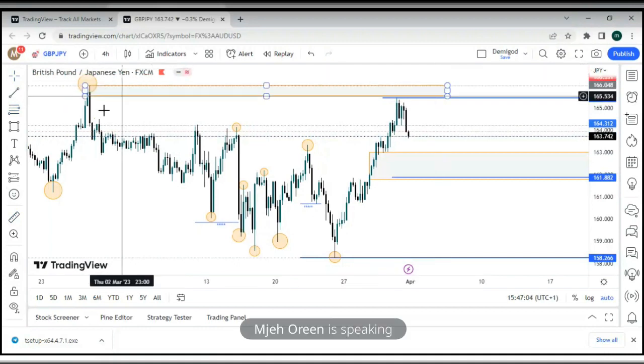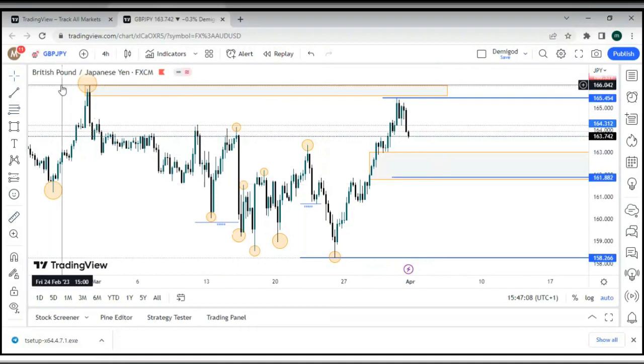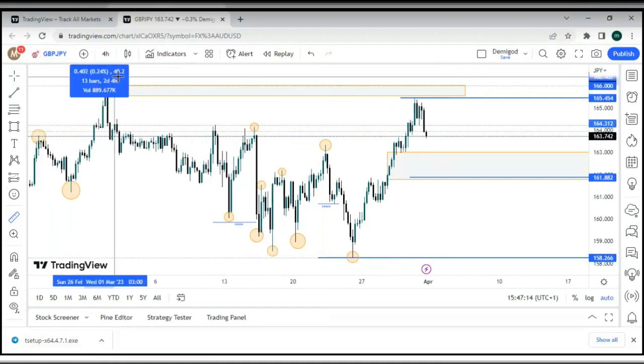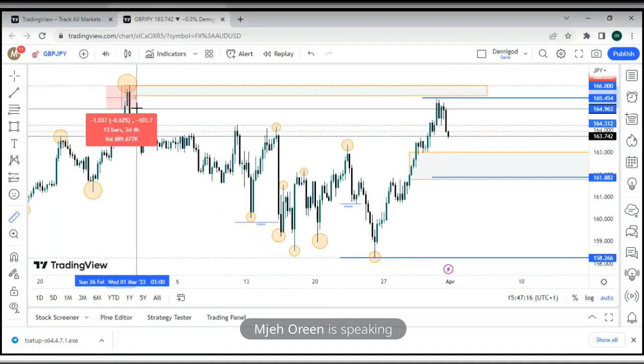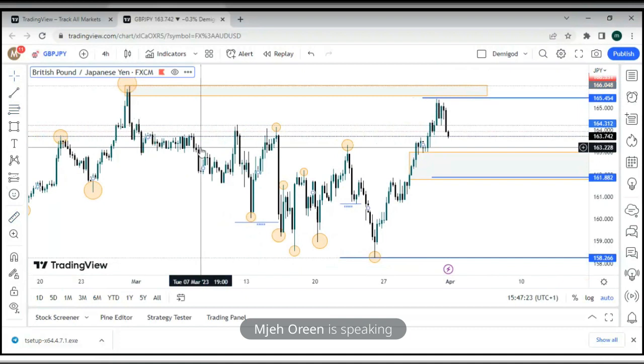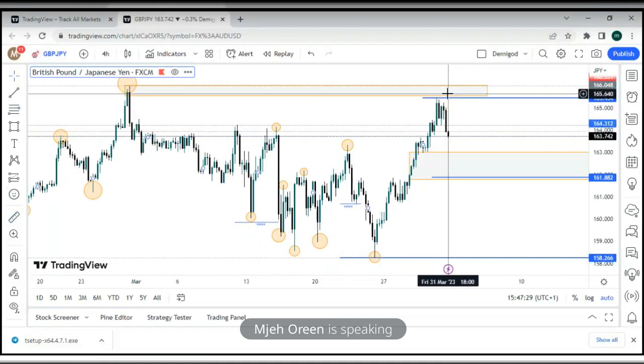So here it is. That block was giving me about 91 pips, and it's not very fair to me. So I decided to take half of it, and you can see here, it did not tap me in. It didn't tap me in.